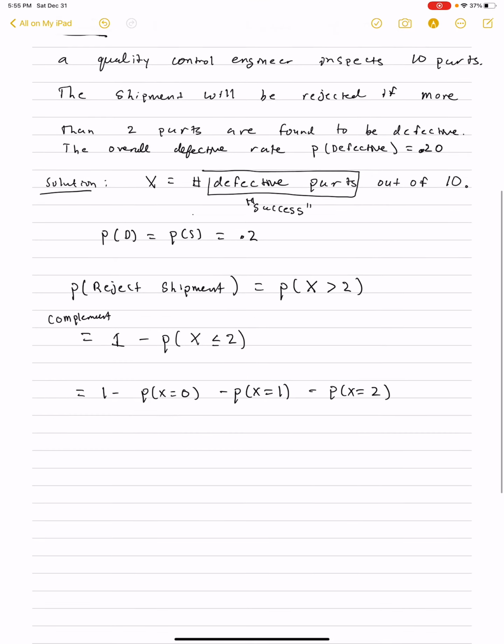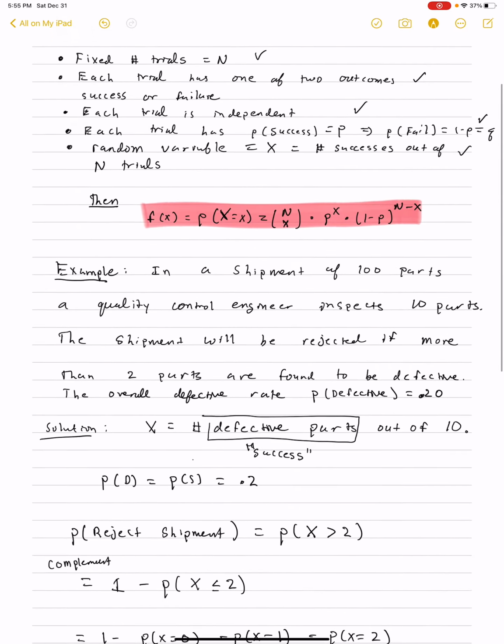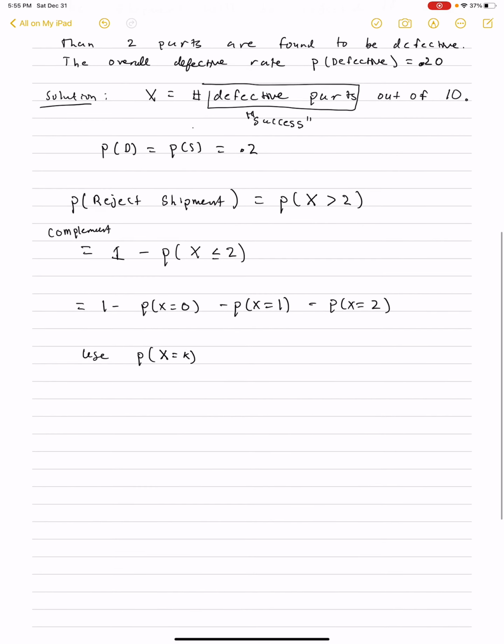And we're going to use the binomial distribution. Probability x equals k. Well, let me change it, I have probability x equals little x. Sometimes I do k instead of x because people find that less confusing. But this is calculated as n choose x times p to the x times 1 minus p to the n minus x.